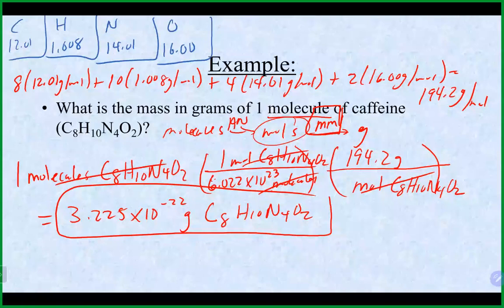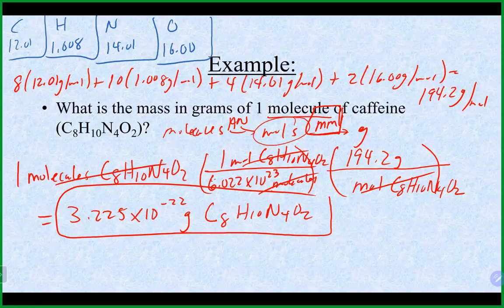Okay, one thing we're going to talk about before we move on to the next little topic: in a lot of these examples we just did, we were interested in the whole thing, the entire compound or molecule, or just the element by itself. Sometimes when you're dealing with a molecule like this, you may be interested in just one of the elements of it and not necessarily the whole thing.